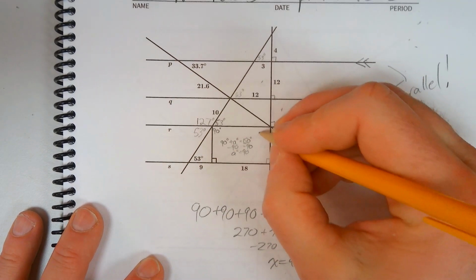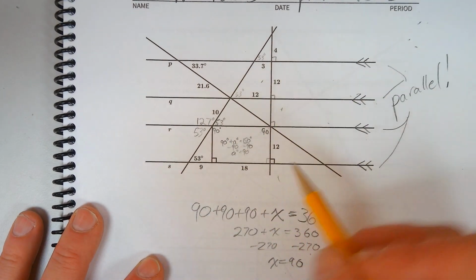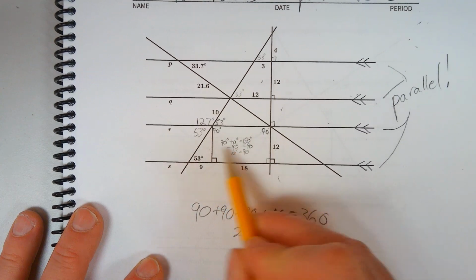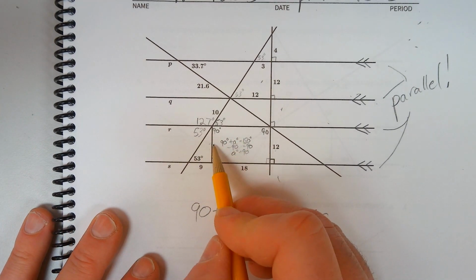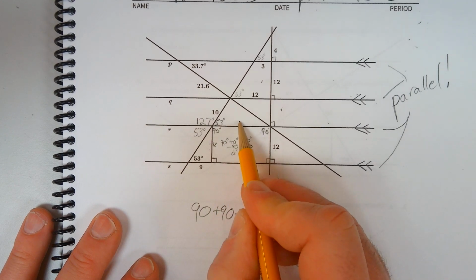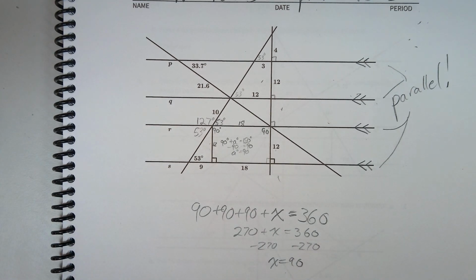So now we know this is a rectangle. And what do we know about rectangles? Opposite sides are congruent. So that means they're the same. So this is a 12. That's an 18. All right, I'm gonna stop there. I think you guys can get the rest of them. Yeah, it's gonna be fun.